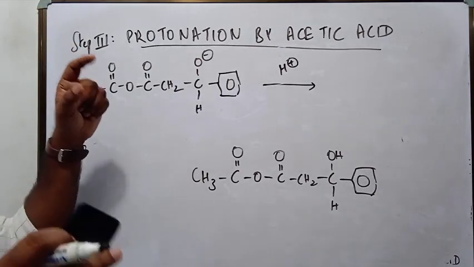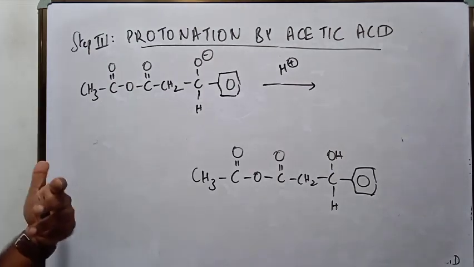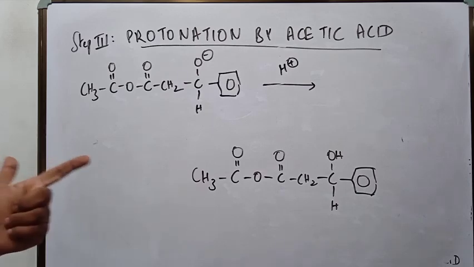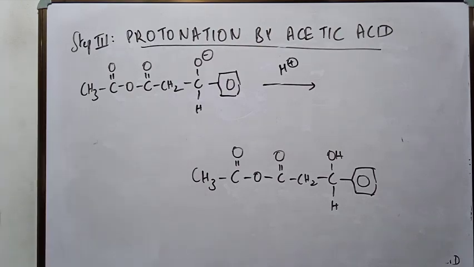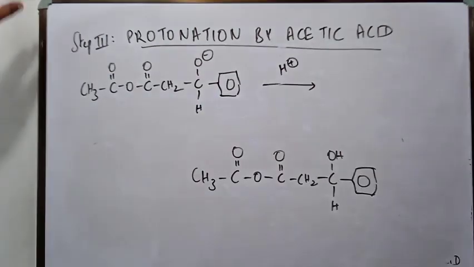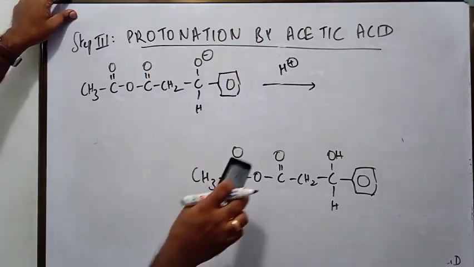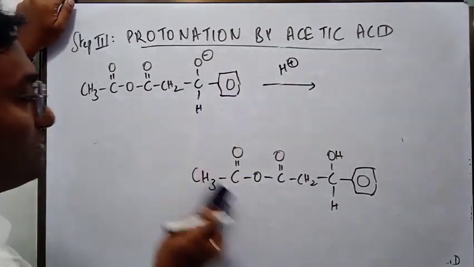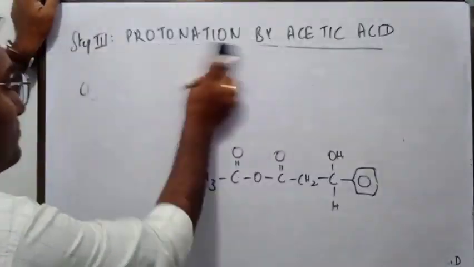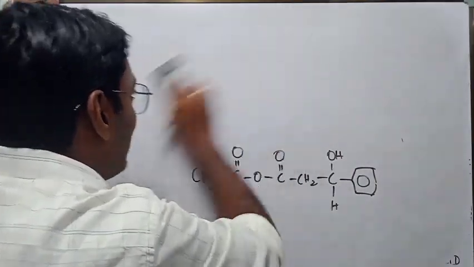OH minus takes out a hydrogen from one of the aldehydes, and then the anion attacks another aldehyde molecule in the same way, and in the third step protonation occurs in aldol condensation. So till this, it is similar to aldol condensation, till the third step. So 3 steps are similar to each other. That makes it similar to aldol condensation. If you want to know what is aldol condensation, please refer to my earlier video class on aldol condensation.